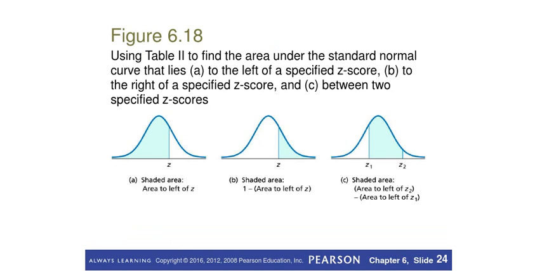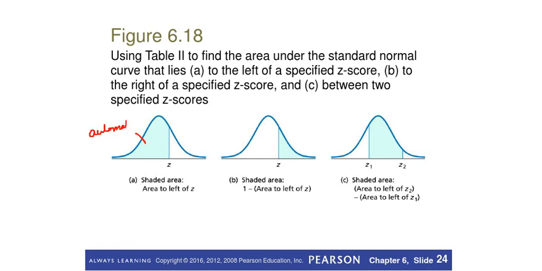Now, mathematically, working with these areas, here's the way that we do that. If we wanted to find the area under the standard normal curve, what we get directly from the table and from Excel is the shaded area to the left. This is automatic. If you're using Excel or the table, either one, we automatically get this area to the left.